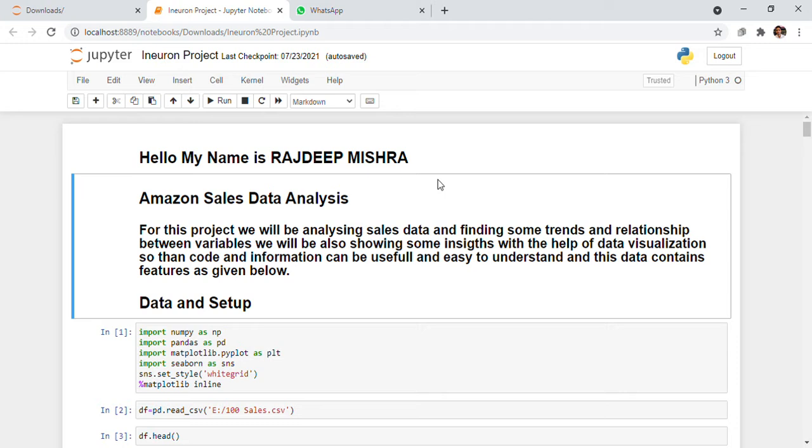We will also be showing some insights with the help of data visualization so that the code and information can be useful to the end people and it could be easy to understand the data. This data contains some features and you will be seeing those features in the upcoming code. So let me begin.